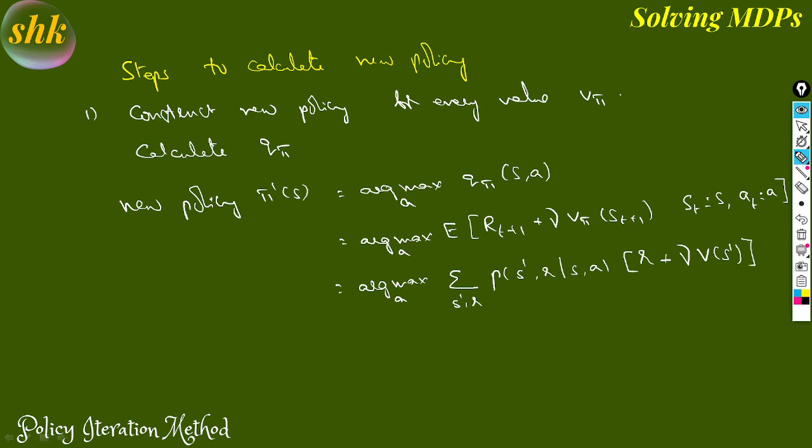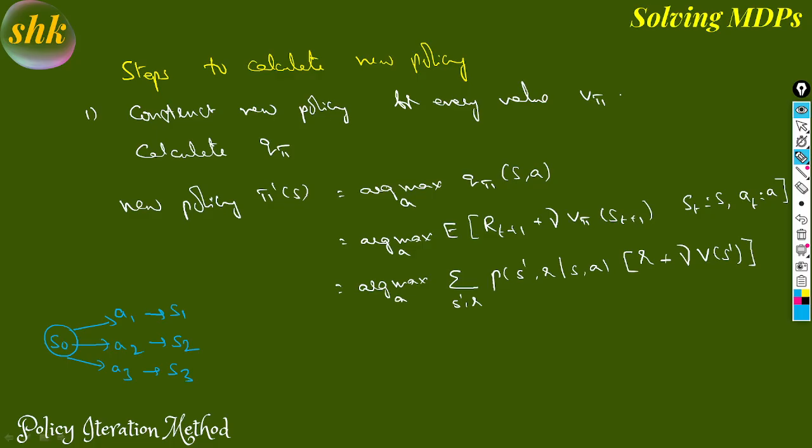So now let us consider, here we are in state S0. When we take action A1, the changed state is S1. If we take action A2, the next state is S2. If we take action A3, the next state is equivalent to S3.